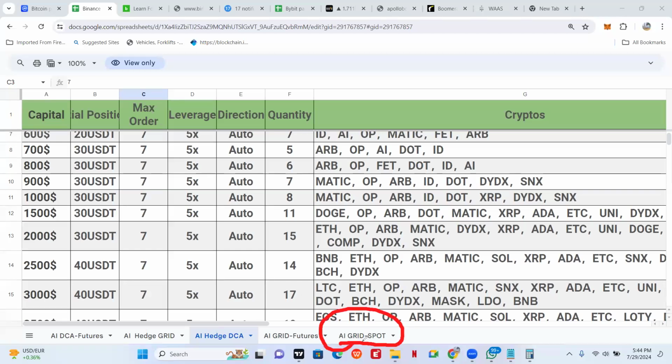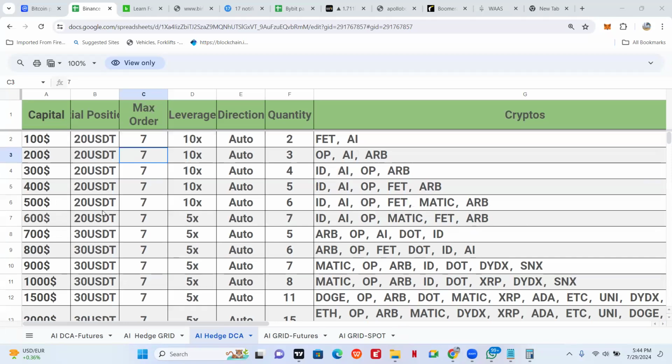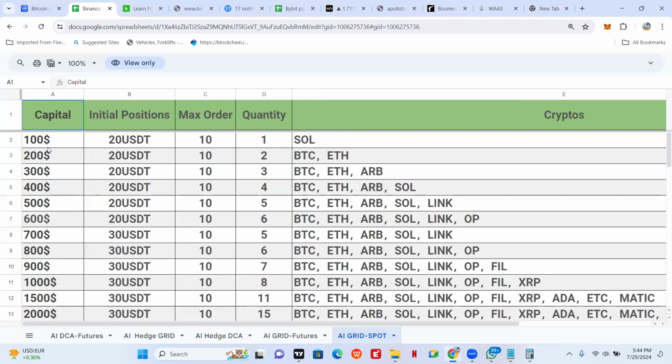These settings will also serve for the AI DCA Sports. So now let's quickly set up for sports. All right, AI Grid. For a $300 account, you want to trade sports.